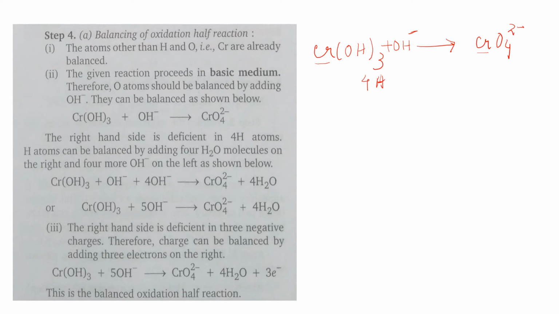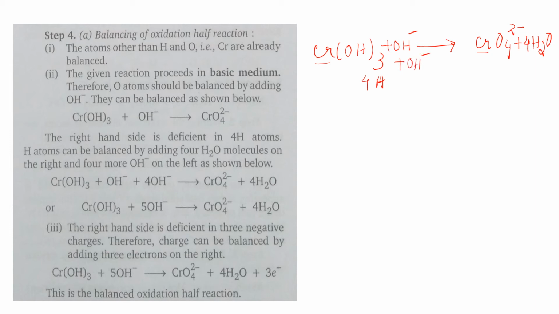So I have to add 4 H2O in the right hand side. Now as I have added 4 H2O in the right hand side, I have to add the same number of OH- ion in the left hand side again. So I have to add 4 OH- ion in the left hand side also.